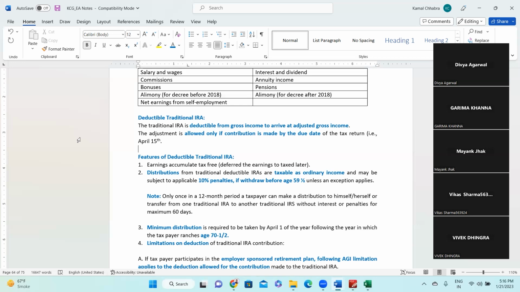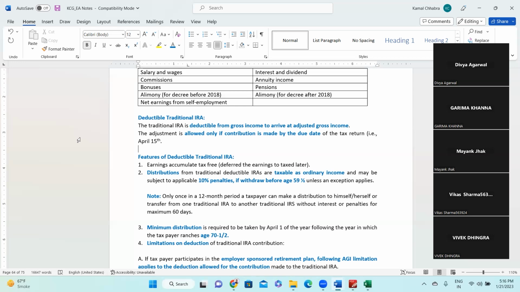Third point is minimum distribution is required to be taken by April 1st of the year following the year in which the taxpayer reaches the age of 70 and a half years. So when a taxpayer reaches the age of 70 and a half, there is a certain minimum distribution required. You can call it forced or mandatory distribution.